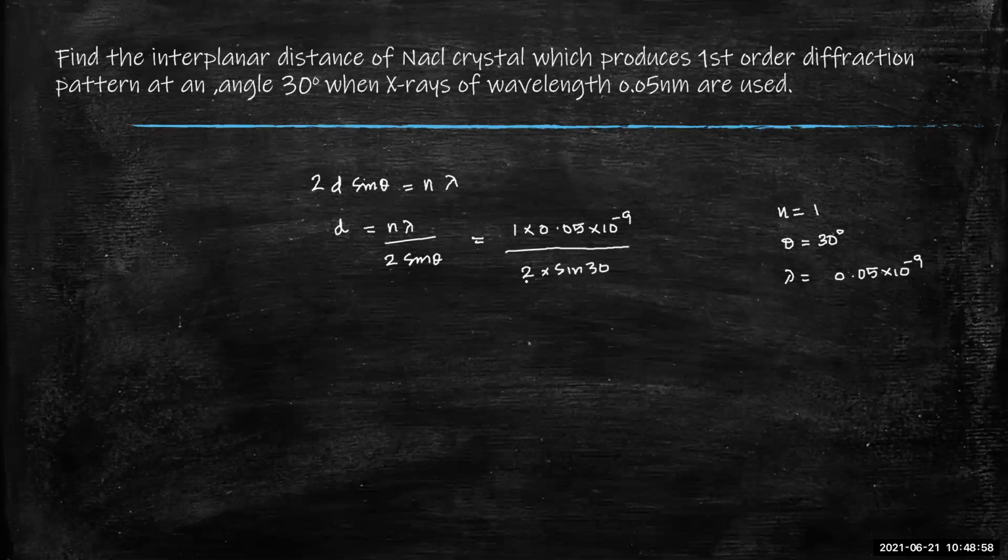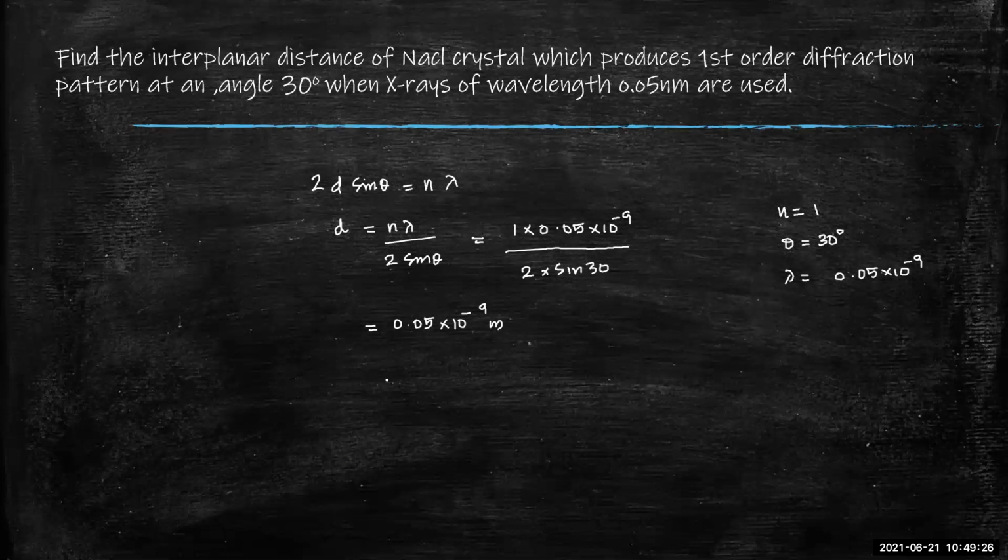Sine 30 is equal to 1 by 2. Then the numerator will be the answer. It is 0.05 into 10 raised to minus 9 meter.